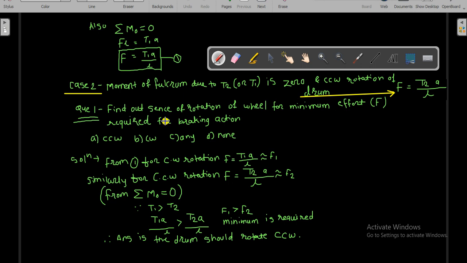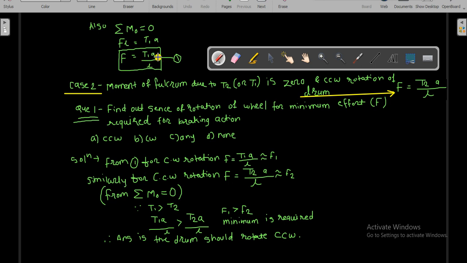Now, the given question is whether clockwise or anti-clockwise rotation is desirable for minimum effort. That means whether the minimum effort will be required for braking in case of clockwise rotation of wheel or anti-clockwise. So we will find it from equation 1.